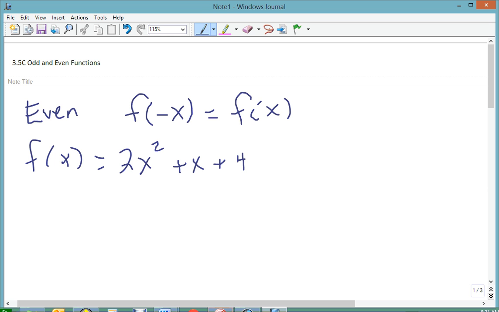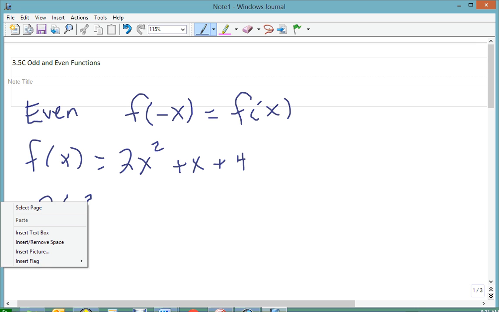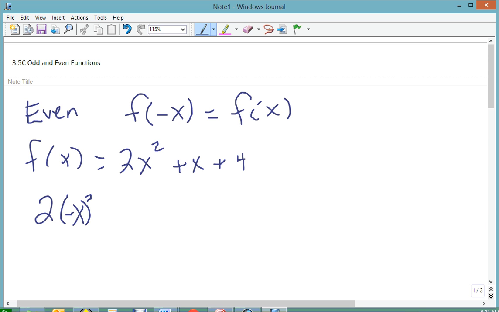Well, when I put negative x in there, you notice that my negative here is squared, so that makes it positive.